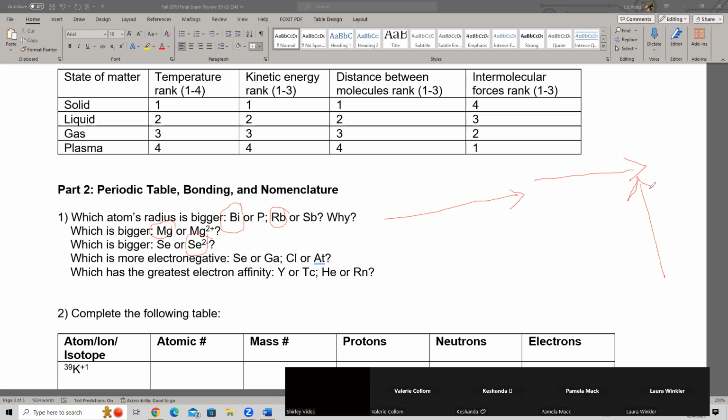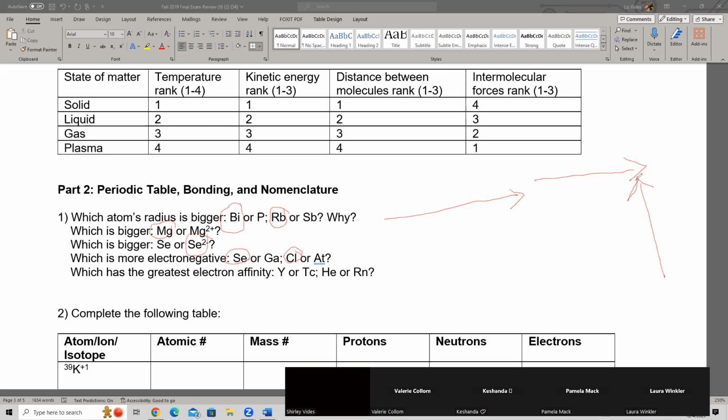So, all right, let's look. Selenium or gallium. Selenium is more to the right than gallium. So selenium is going to be more electronegative, right? And then chlorine or astatine. Chlorine is farther up, so chlorine.